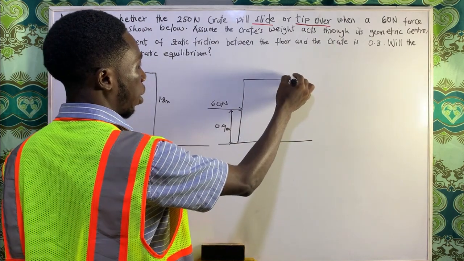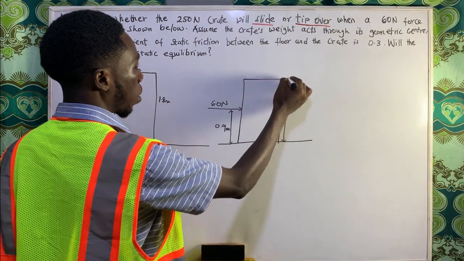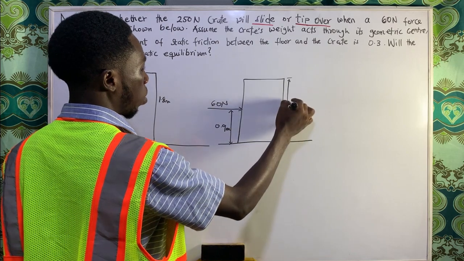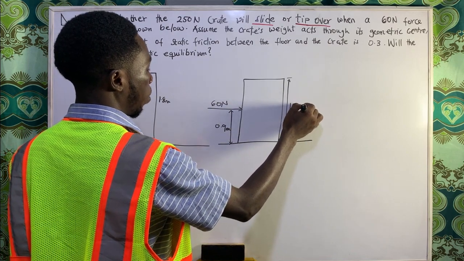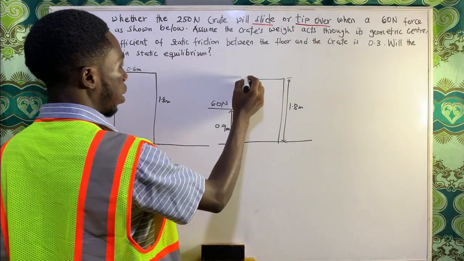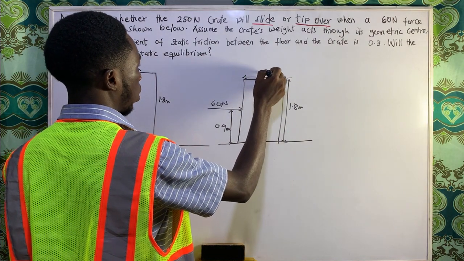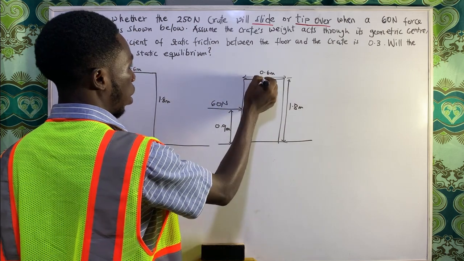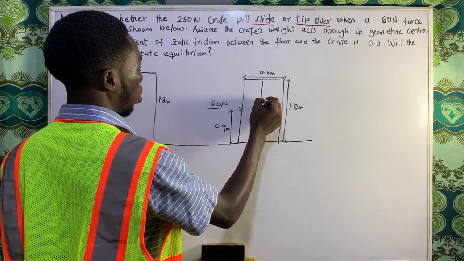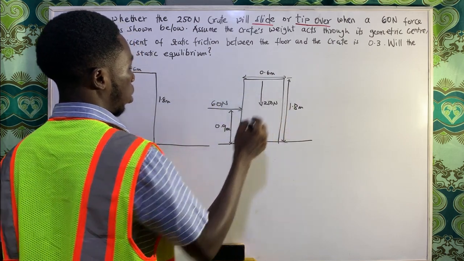Then you have this distance here to be 1.8 meters, and this distance here is 0.6 meters. And we have our weight force here, which is 250 newtons.